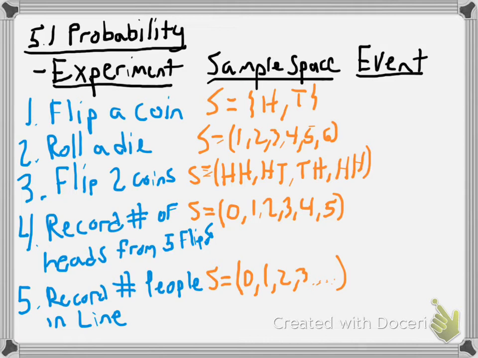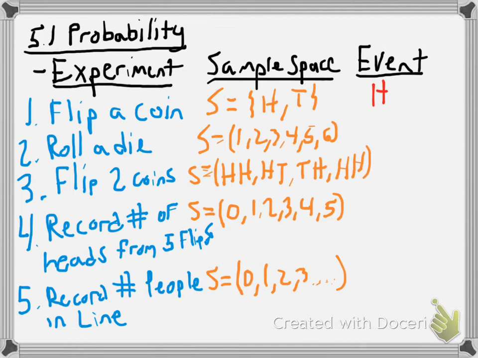Then an event for each experiment in sample space is either an outcome, like for flipping a coin, an outcome is a head or a tail. So an event for flipping a coin would just be getting a head. That's an example of an event. I could have written tail.